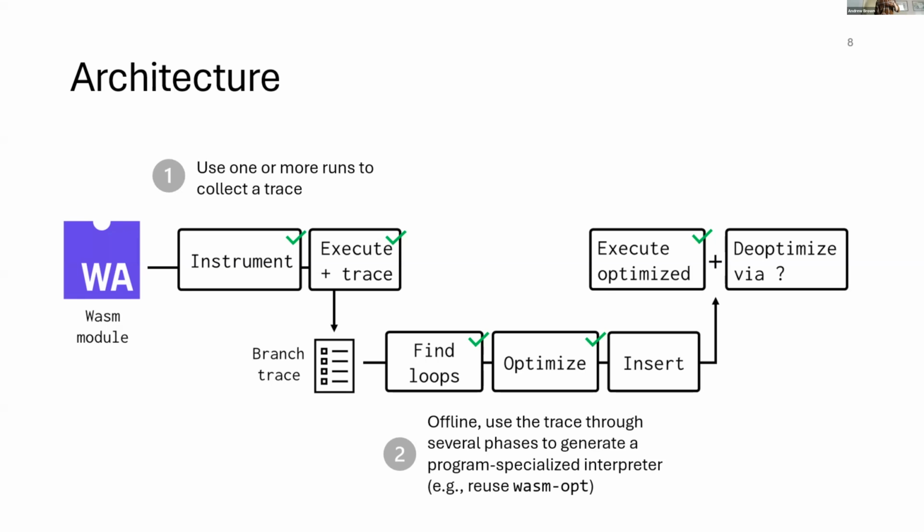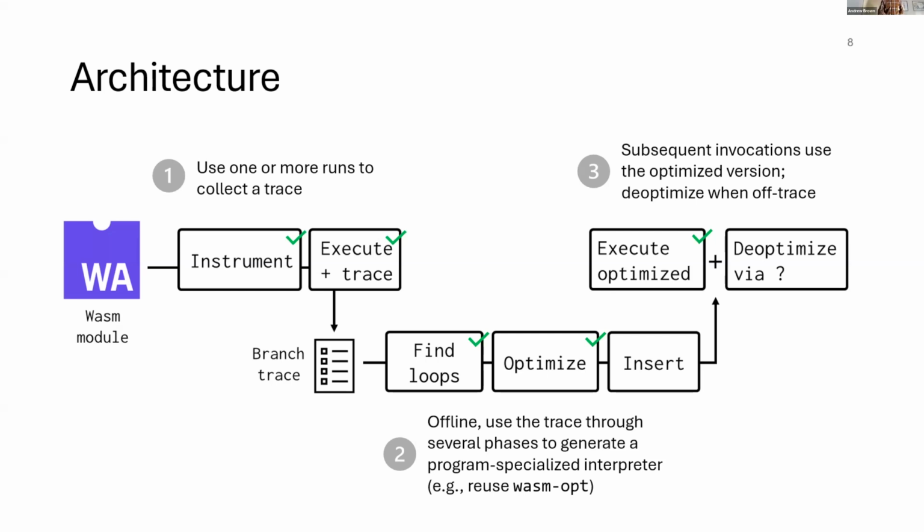Eventually, we get to the point where we can patch up the WebAssembly interpreter with this specialization, this optimized fragment, and then future invocations will use the optimized version of the interpreter, exiting using some mechanism that we'll describe later.